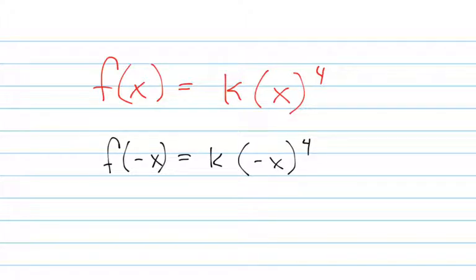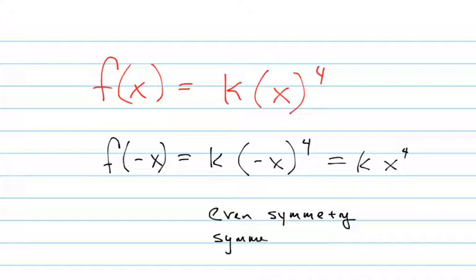And when we raise a negative to an even power, we get a positive number. This is the demonstration that an even integer for a power gives us even symmetry. In other words, it is symmetric over the y-axis. So if I were to reflect it over the y-axis, it would lay on top of itself, essentially.